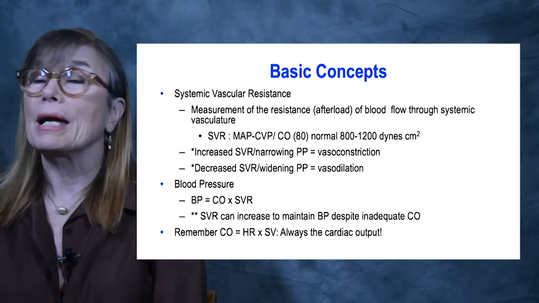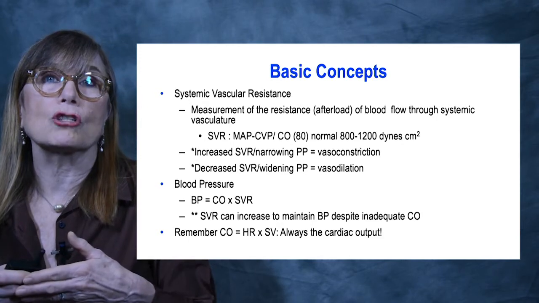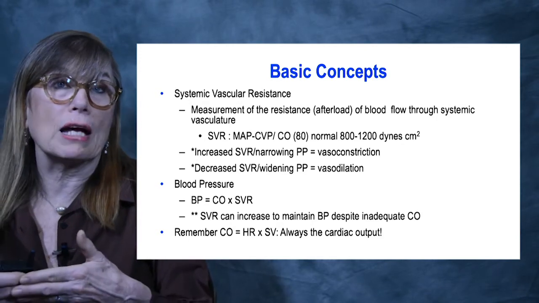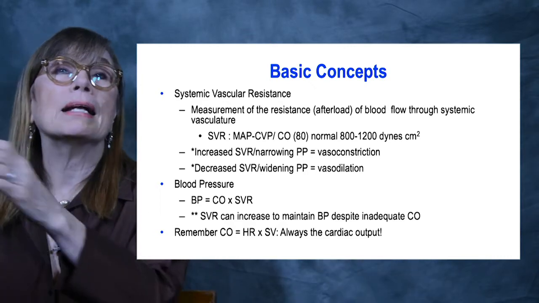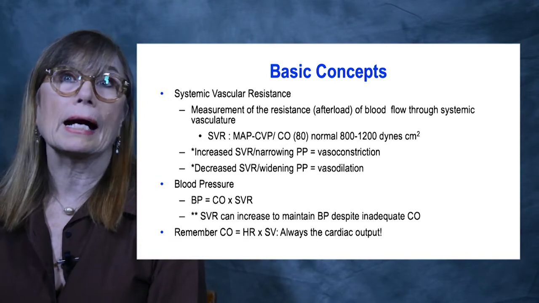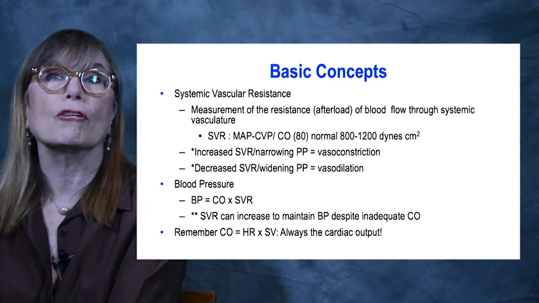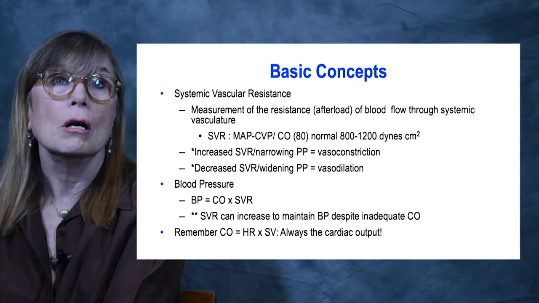SVR, remember, is the calculated indicator that tells us about tension. And I want to remind you that the calculation for SVR is MAP, beginning of circuit, minus CVP, end of circuit, divided by blood flow, cardiac output. And that answer is then multiplied times 80, which converts it into dynes, which is a resistance measure.